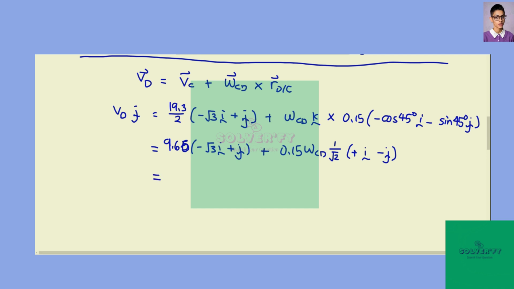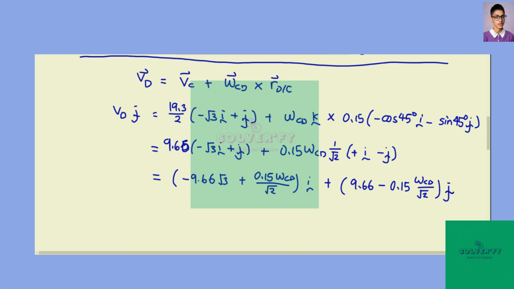Then we have minus 9.66 root 3 plus 0.15 omega CD divided by root 2 I plus 9.66 minus 0.15 omega CD over root 2 j.